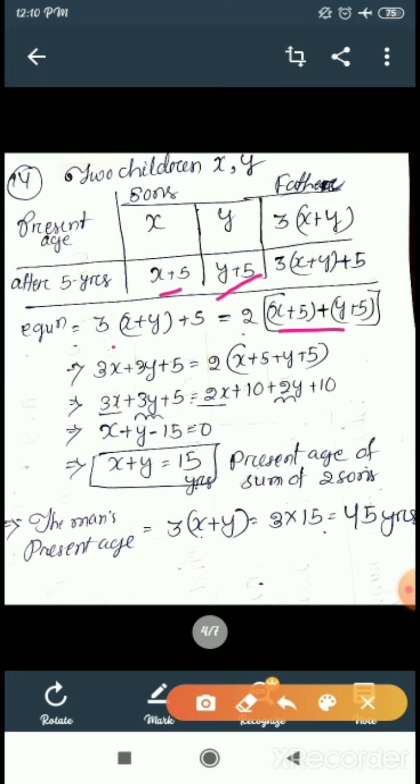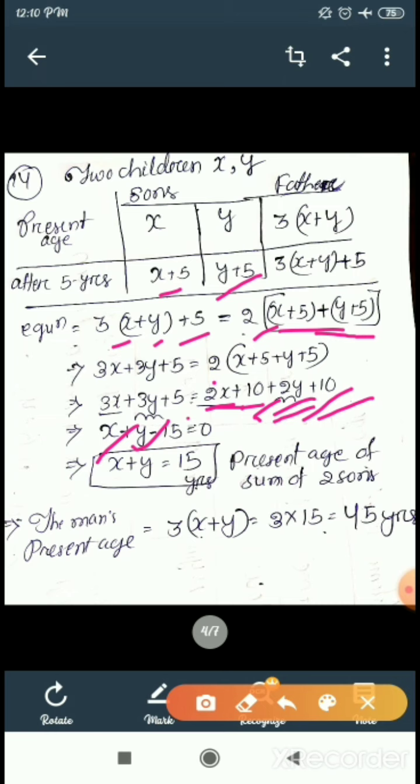Solve the equation. 3 times x plus y plus 5 equals 2 times x plus 5 plus y plus 5. So 3x plus 3y plus 5 equals 2x plus 2 times 5, means 10, 2y, then 2 times 5, means 10. So 3x minus 2x is x, 3y minus 2y is y, 5 plus 10 plus 10.